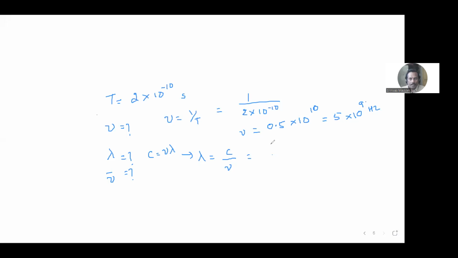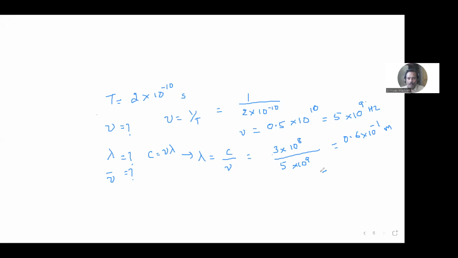C value is 3 into 10 to the power of 8 meters per second divided by the frequency value 5 multiplied by 10 to the power of 9 hertz. So that becomes 0.6 multiplied by 10 to the power of 8 minus 9, that will become minus 1. Therefore that is 0.6 into 10 to the power of minus 1 meters.